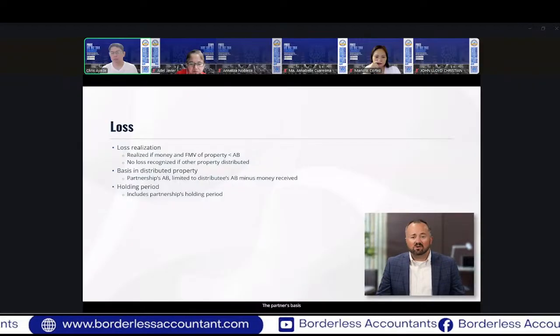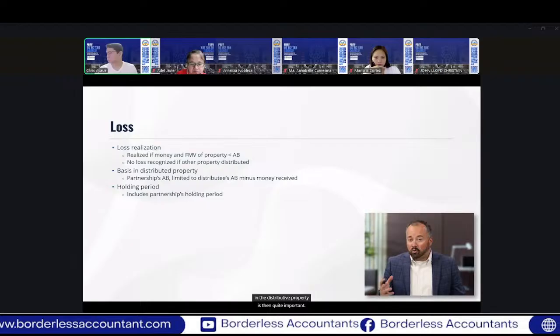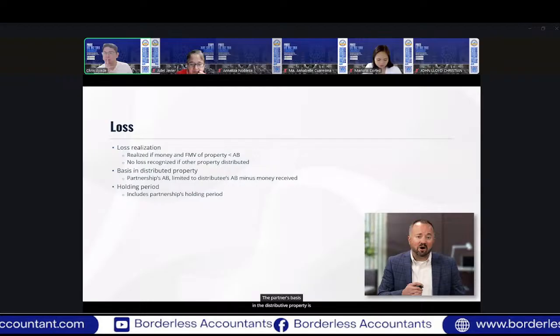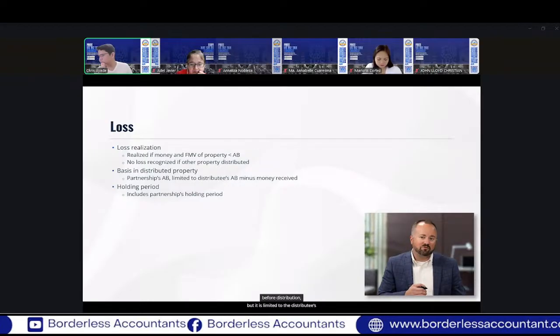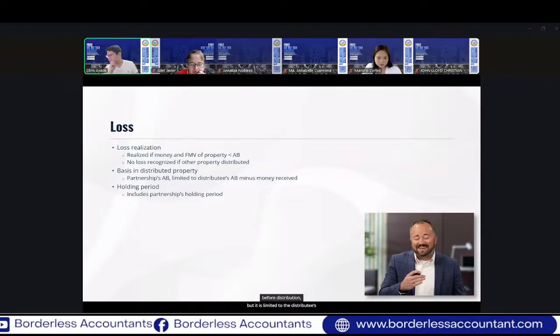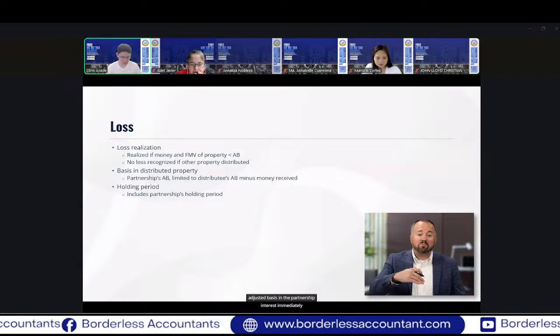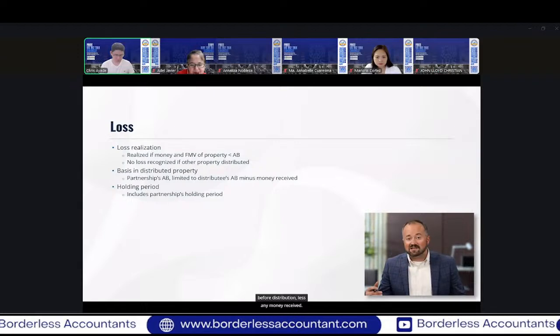The partner's basis in the distributed property is then quite important. The partner's basis in the distributed property is the partnership's adjusted basis in the property immediately before distribution, but it is limited to the distributee's adjusted basis in the partnership interest immediately before distribution, less any money received.